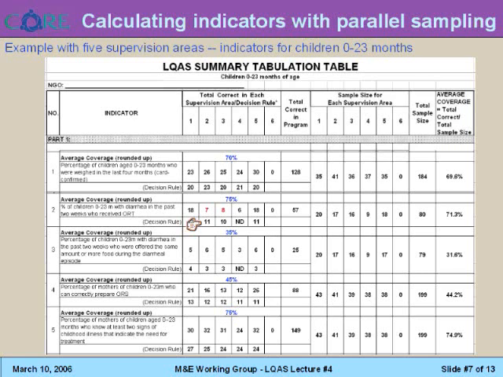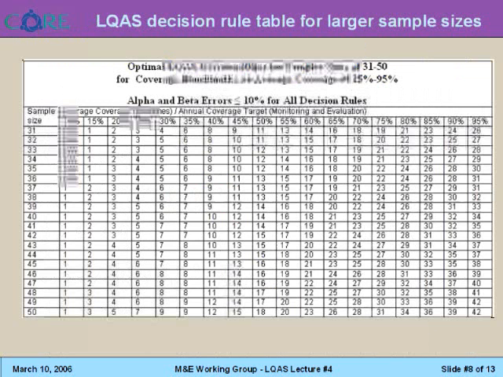In addition, you can see that for indicators 1, 4, and 5, we have sample sizes larger than 30. And for this reason, we want to present an additional LQAS table for decision rules that will let us identify decision rules for those cases where we have more than 30 as a sample size per supervision area.